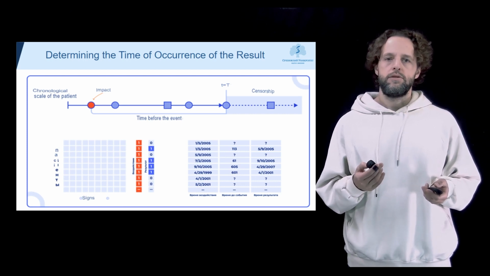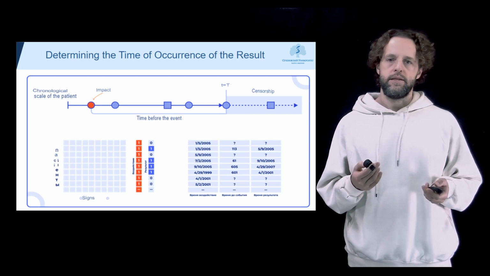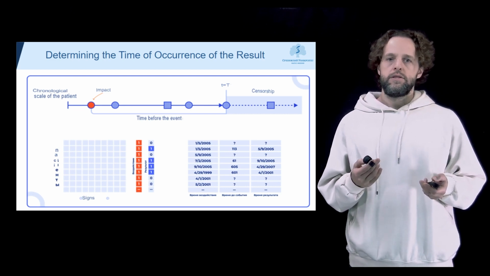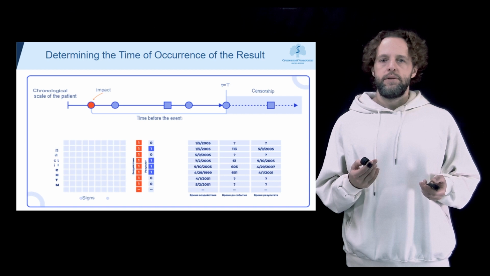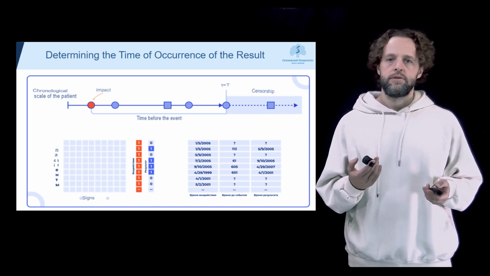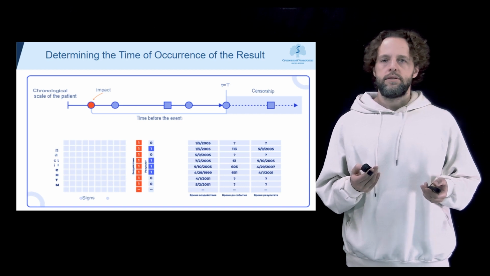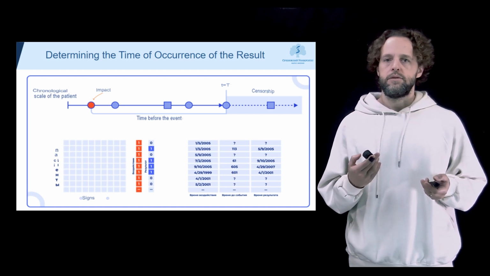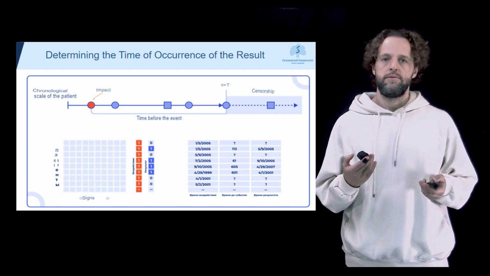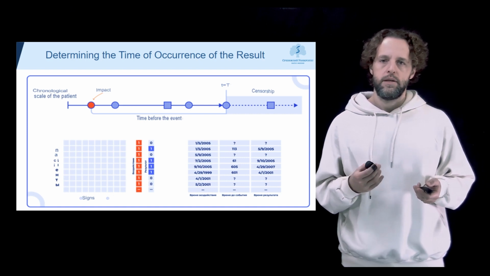Another solution is to record the time of the outcome if it's already known, or the time of the patient's last follow-up, along with an indicator variable to note whether the time relative to the outcome or the last follow-up was recorded.